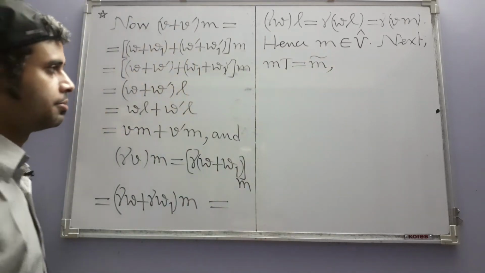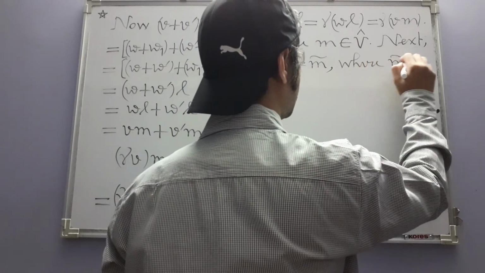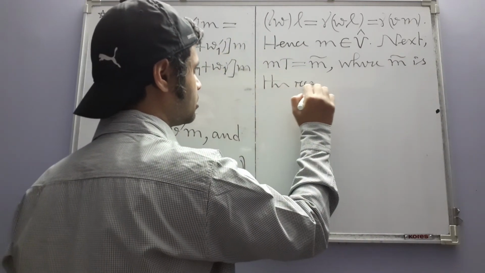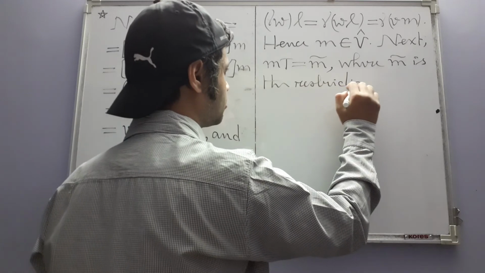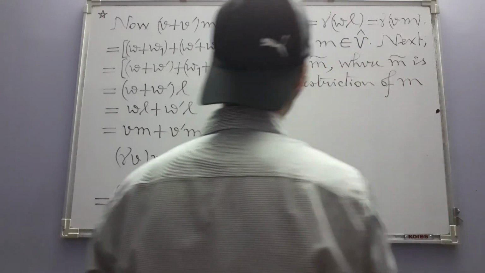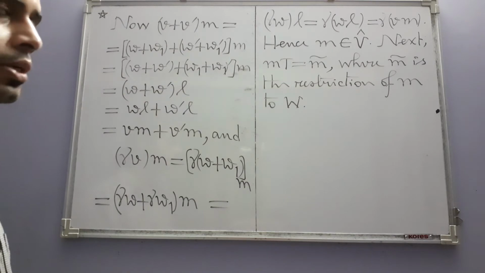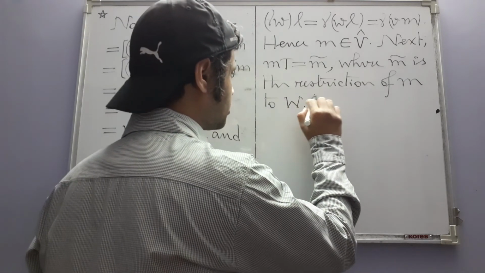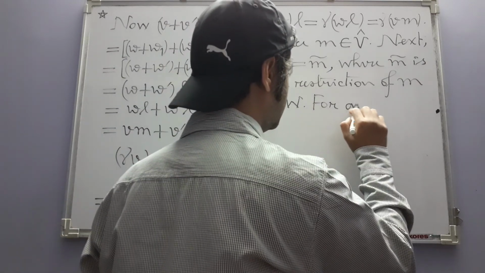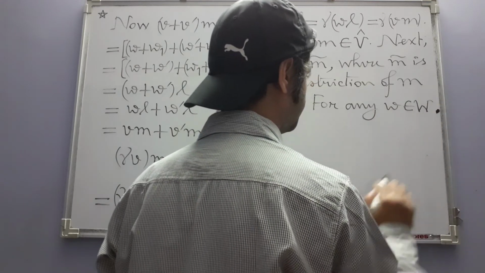M tilde, where M tilde is the restriction of M to W. Okay, so let's see what that restriction actually ultimately turns out to be for any w belonging to W.